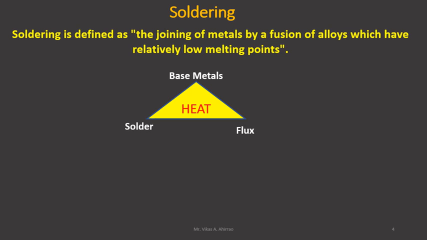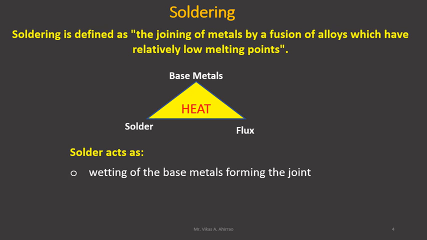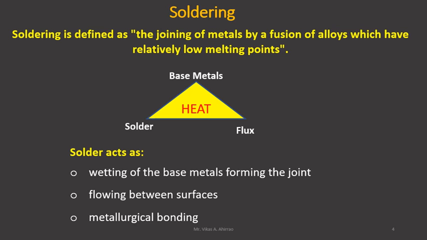In addition to it, flux is required, and of course the heat is required. The solder metal acts by wetting the base metals forming the joint, then flowing between the surfaces, and it will act as a metallurgical bonding.